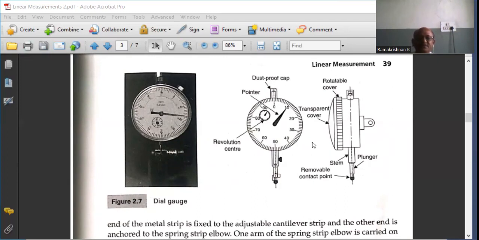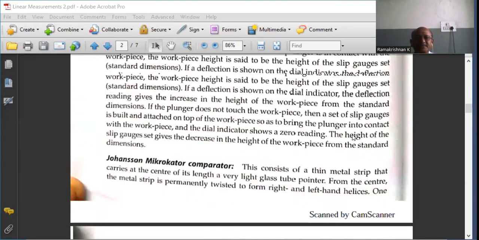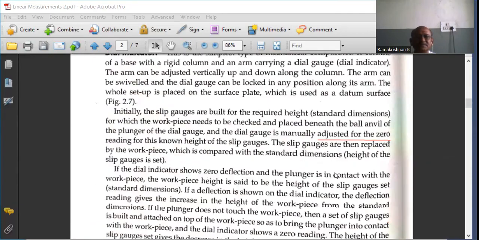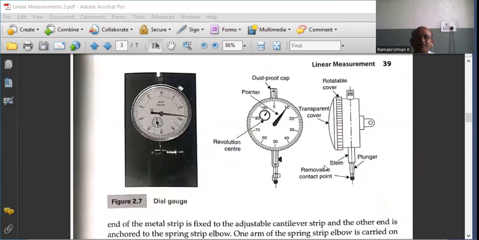The rigid column also carries an arm, and the arm carries the dial gauge. The base and column are not shown in the diagram. The arm can be slid vertically up and down, and it can also be swiveled conveniently to any angle.